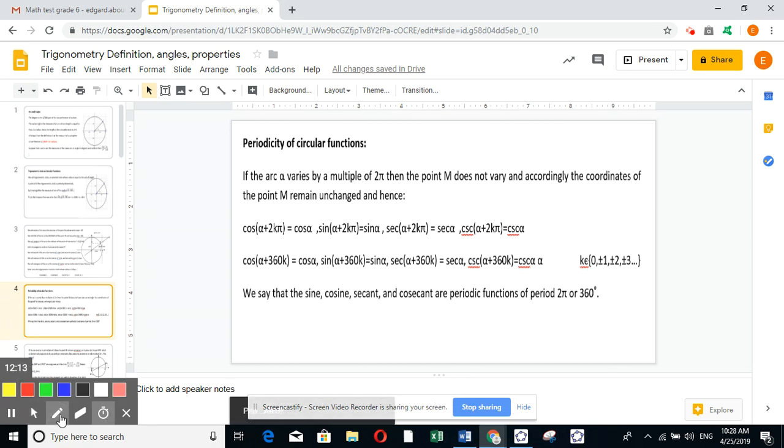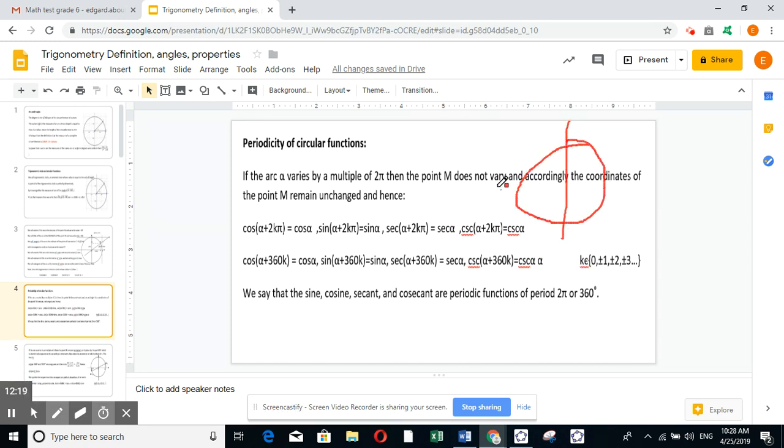Now if you have this trigonometric circle, let me draw a circle here. So the period of cosine and sine is 2 pi. Why? Because if you go alpha or 2 pi plus alpha or 4 pi plus alpha or minus 2 pi plus alpha or whatever, all are the same.